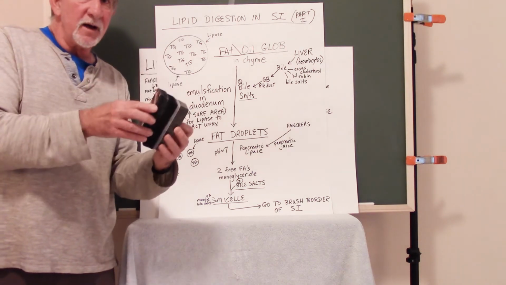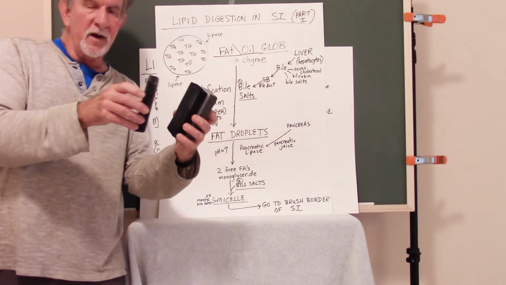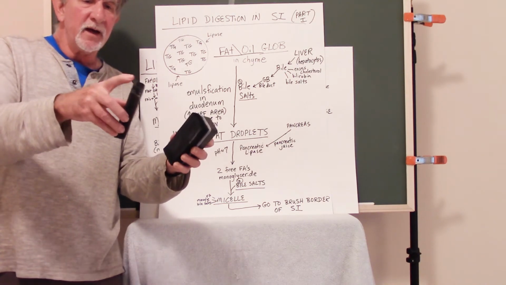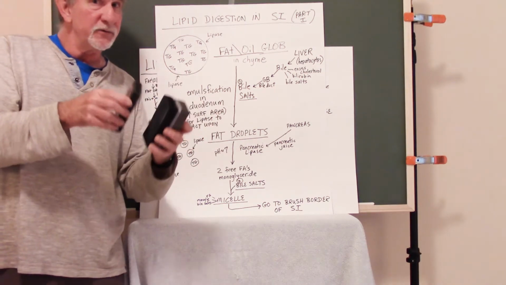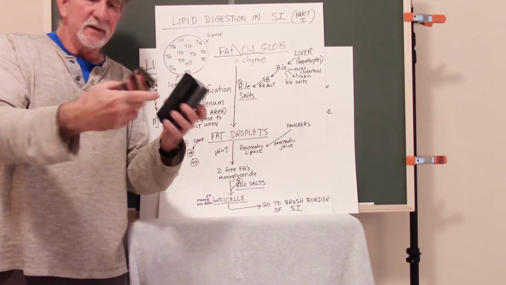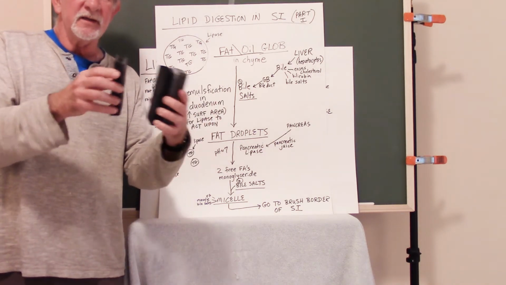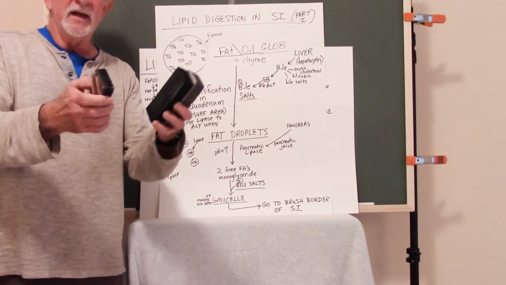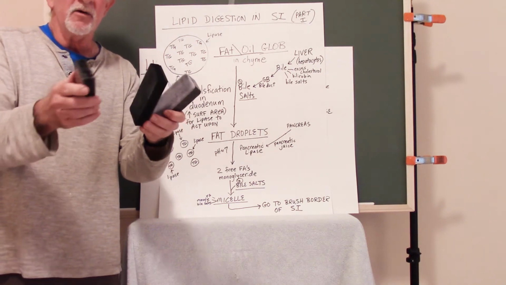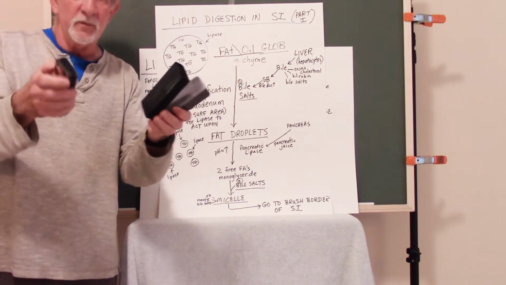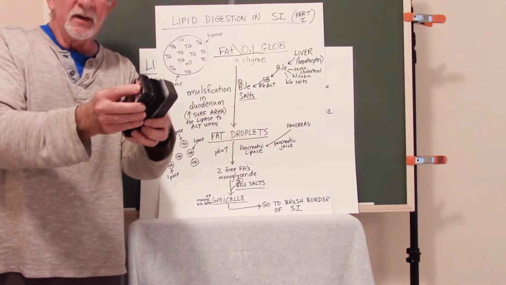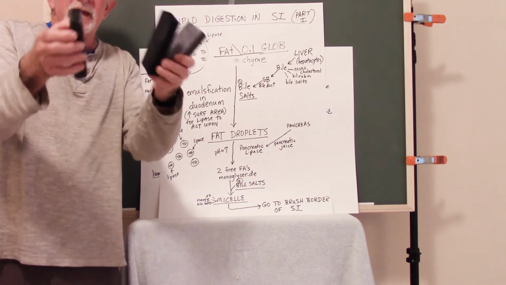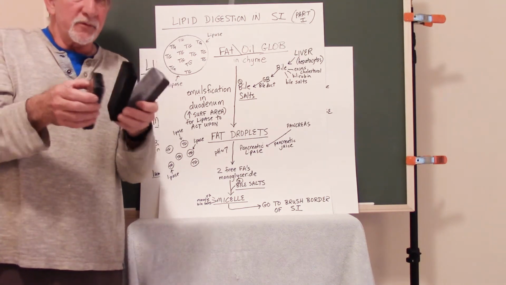If I mix this glob with bile salts, I can break it into smaller droplets. And now the lipase enzymes not only can get to all the triglycerides that I showed you originally, but now they can get to additional triglycerides and additional droplets that form as a result of emulsification. And if I do this another time, now all of a sudden the lipase enzymes can get to what we started with, our big glob, but as I emulsify, they can get to some of the interior triglycerides.